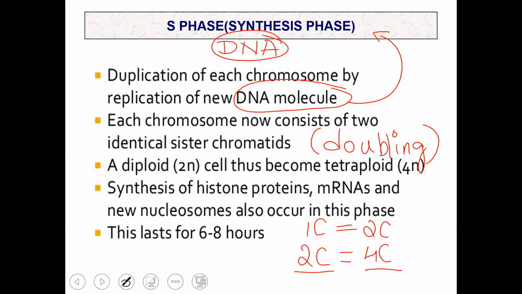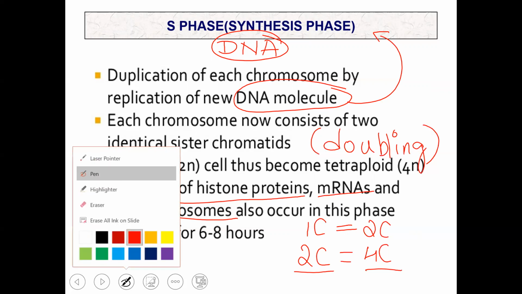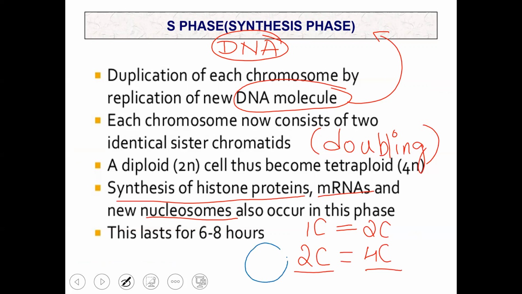Other than DNA, there will be synthesis of proteins which are associated with the DNA, called histone proteins. A few mRNAs are also going to be synthesized, and nucleosomes are going to be synthesized in this phase. A nucleosome is DNA covered by protein.